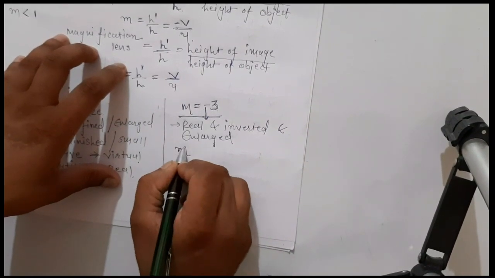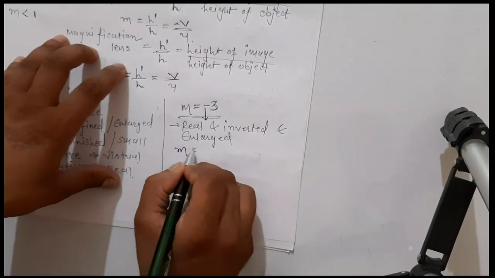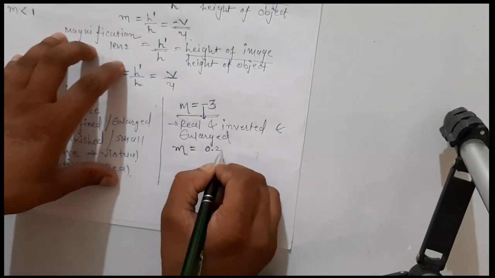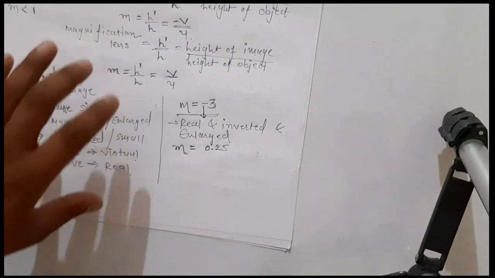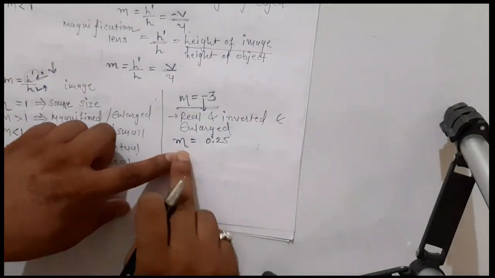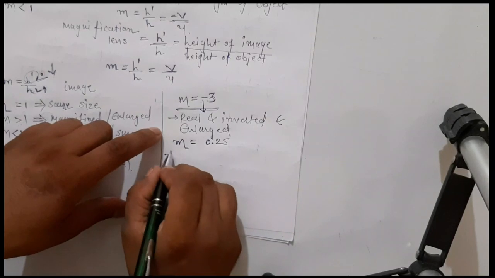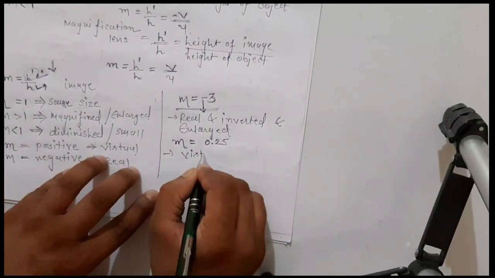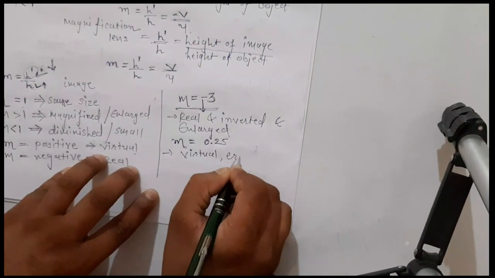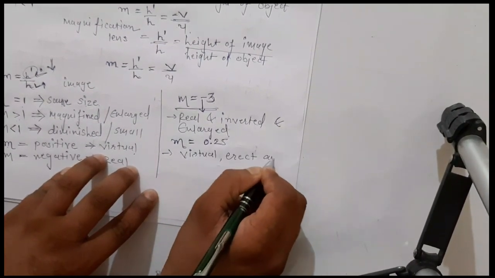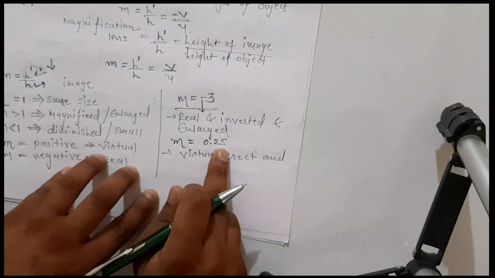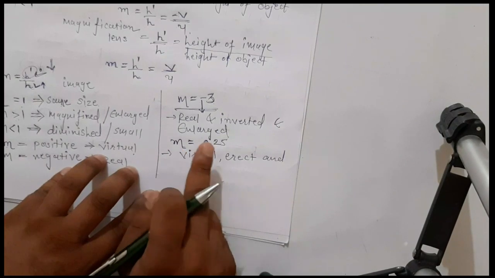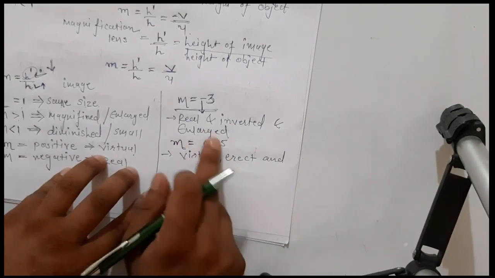Now let's take another case. If m is equal to 0.25, see, the value of m is positive. It means our image will be virtual, and as it is virtual, it will be erect. The sign gives us the nature and the magnitude gives us the size.